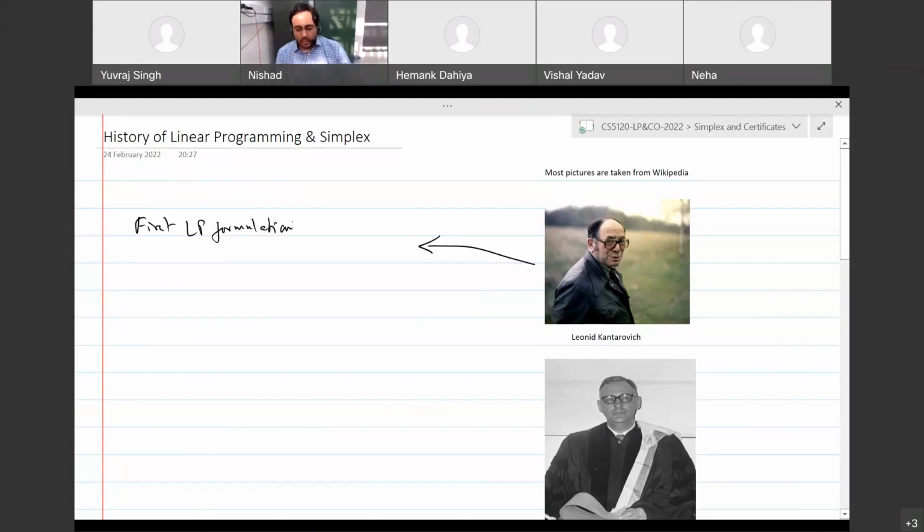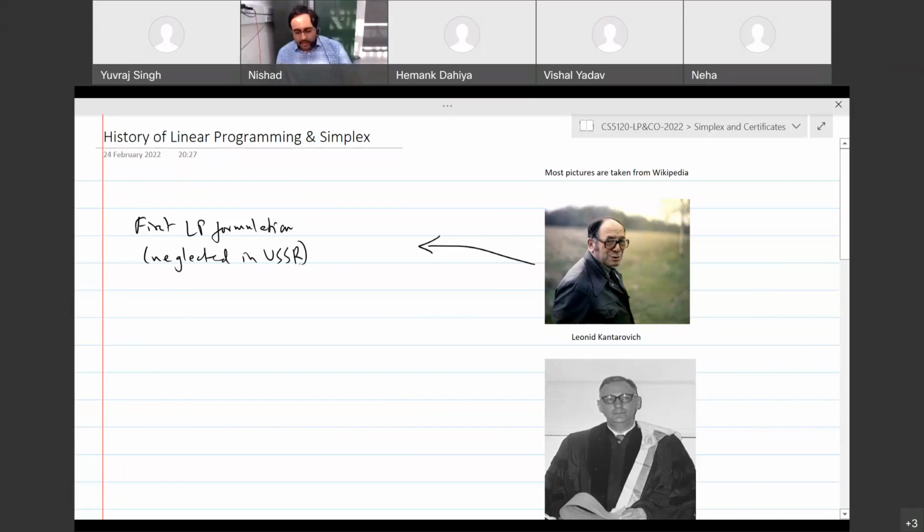This was during World War II, to plan costs and returns in order to reduce the army costs and increase the enemy losses. Right. His work was somewhat neglected in the USSR back then.